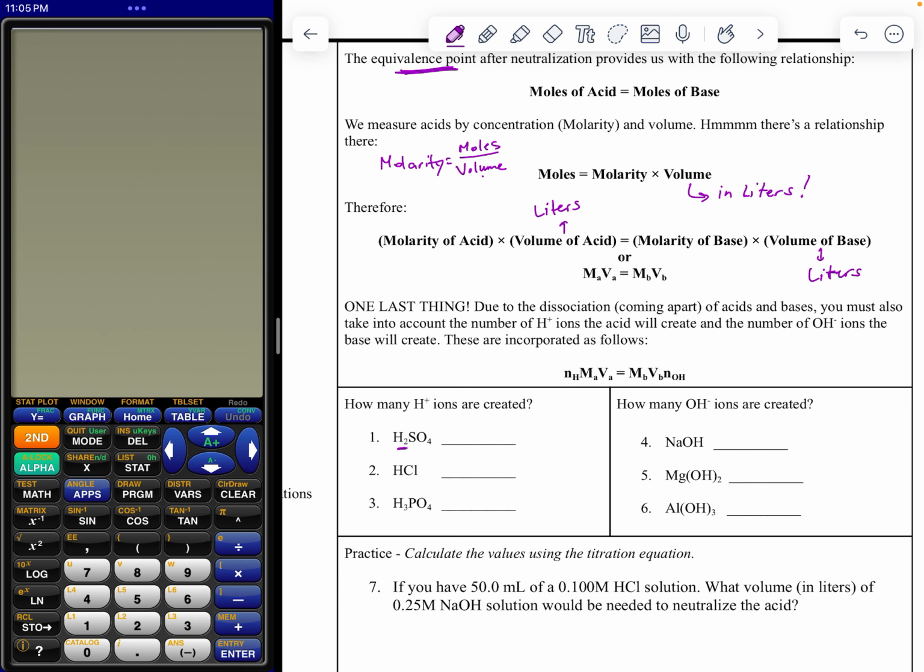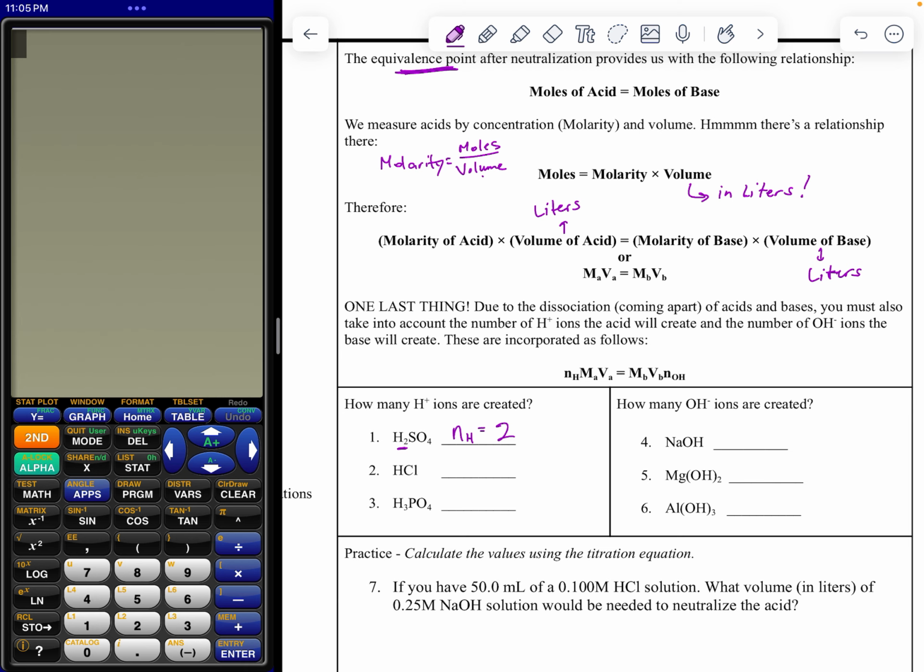So the NH, the number of those hydrogen ions there, and not to confuse, I won't start putting in the ion charge there. We know that an H is a +1, but this would be a 2 there because there's 2 hydrogens that'll be created from the diprotic acid, that's sulfuric acid there.